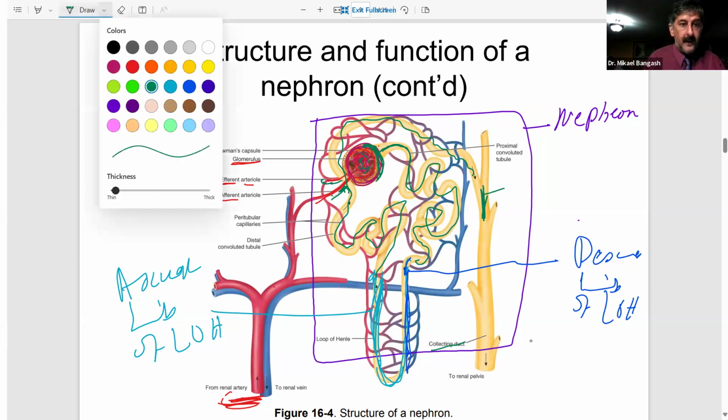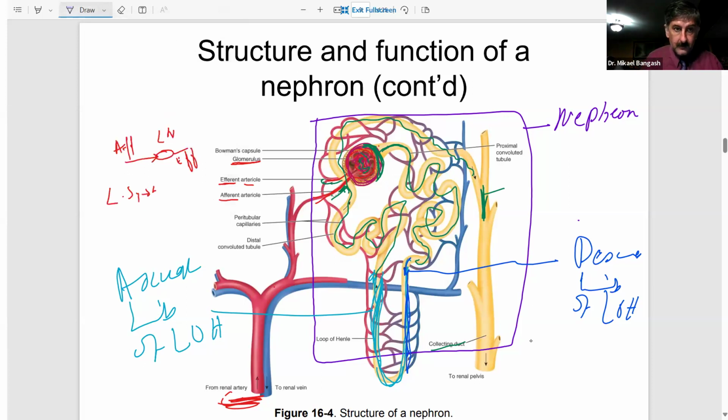Now let's just look at the vascular component. After the glomerulus is our efferent arteriole. It forms a network of capillaries around your tubular system.